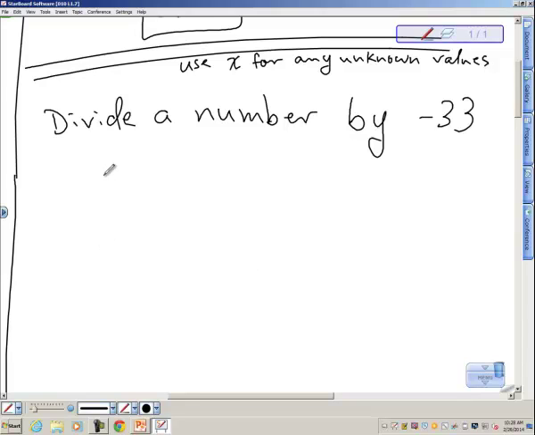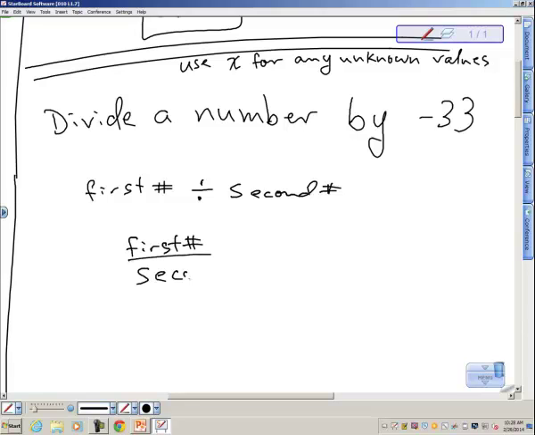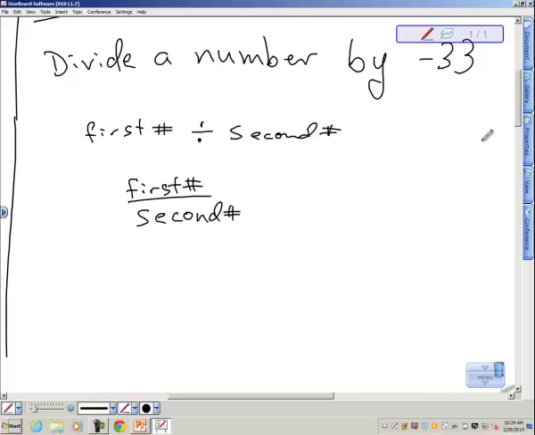You have to be careful: x goes on top, because it's always the first number divided by the second number. Whatever comes first in the sentence is always in the numerator. So in this case, what would go in the numerator?